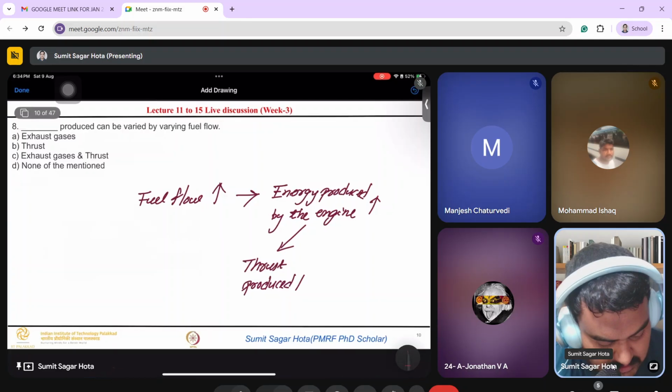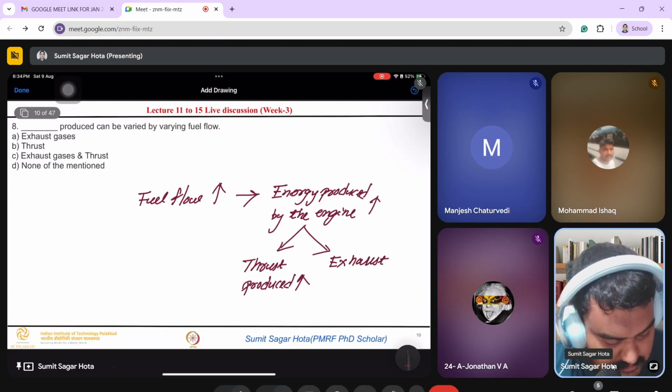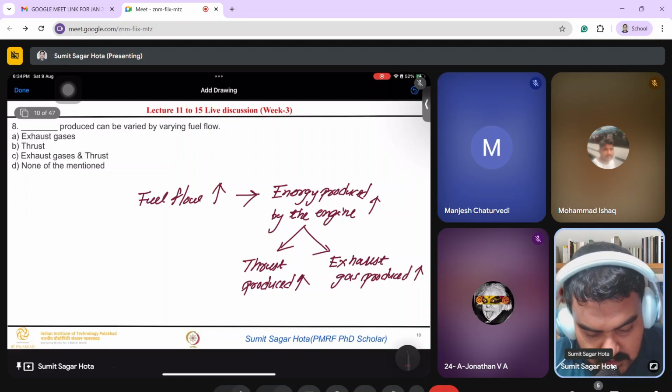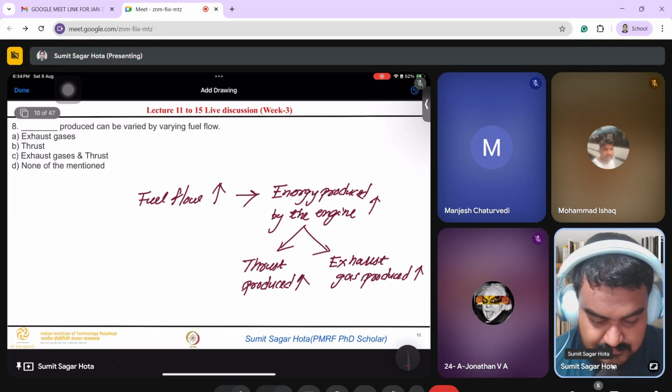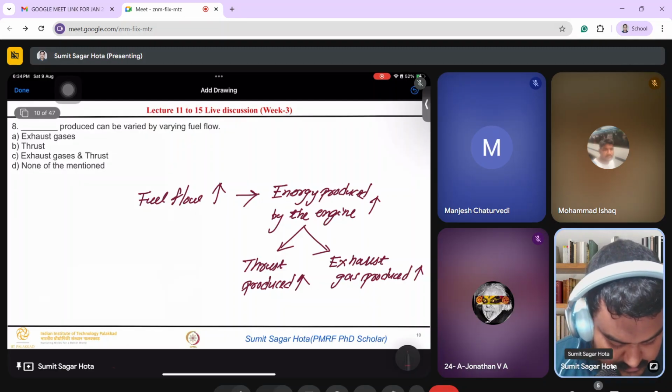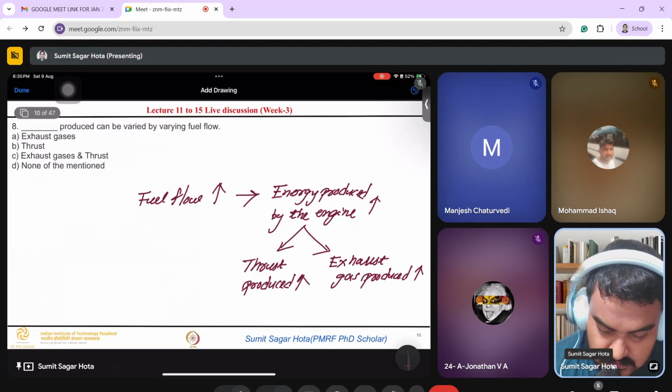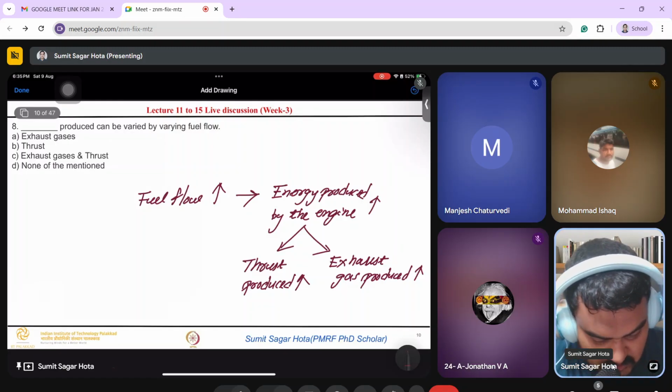And one more, there will be more production of exhaust gases. So the answer is C.